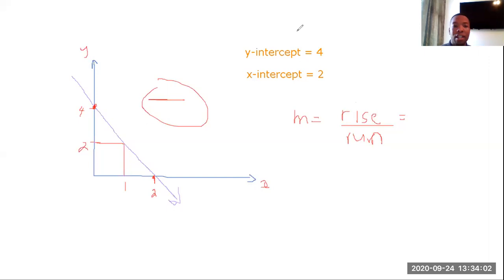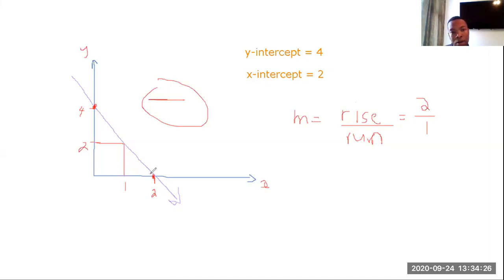Are we seeing that? My slope is negative 2, because I go from 4 to 2, so that's 2, and then I go over 1 before it hits another point. And then from here, I go down 2 again before I get over to another point.